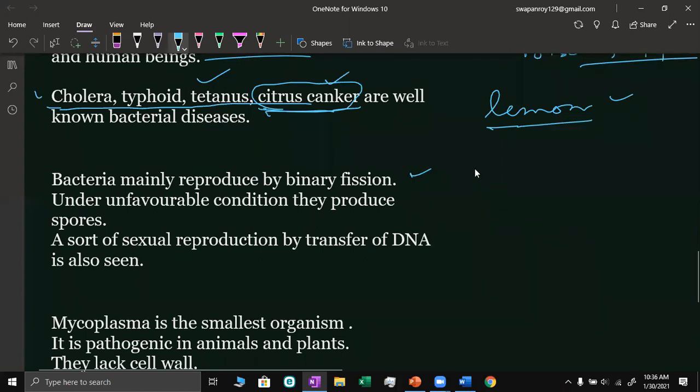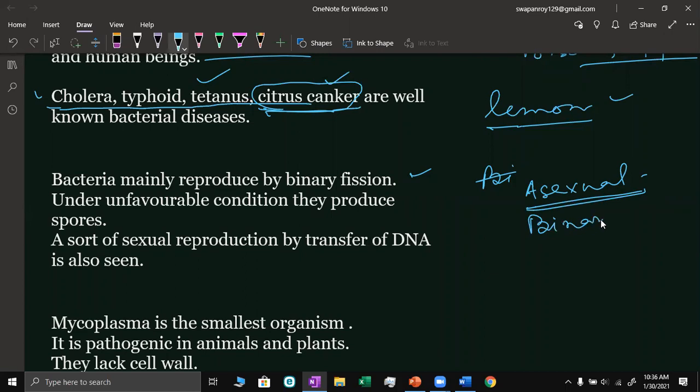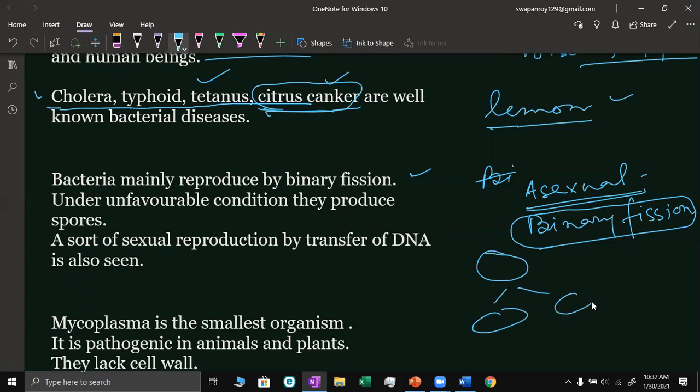Bacterial reproduction, in the prokaryotes, is mainly asexual. Mainly asexual reproduction, and in this also the binary fission is the most common, where one bacterium is divided into two bacteria.